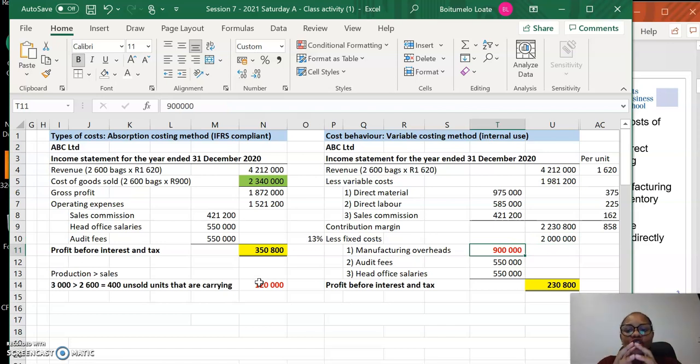Okay, so what do I want to summarize here? Absorption costing and variable costing. Absorption is the one you know. So normal revenue, cost of goods sold, and as part of the cost of sales, we've taught you how to allocate to that cost of sales. You will have all the factory related costs in that cost of sales: direct material, direct labor, together with the factory overheads.